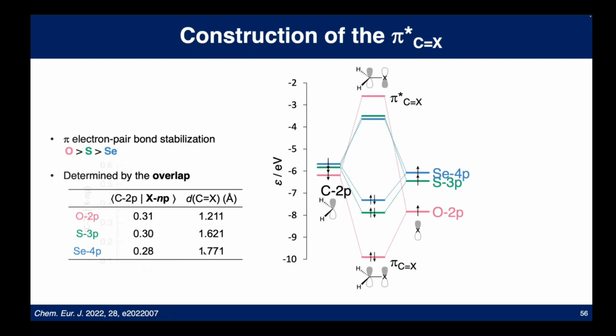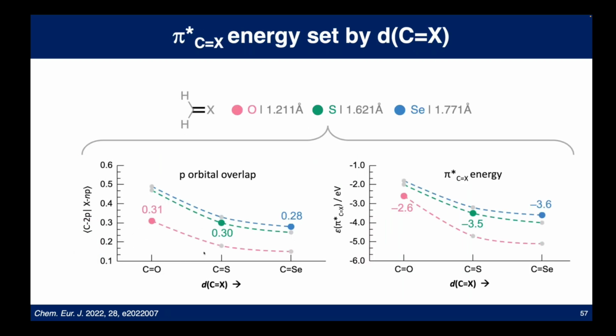So what we did is we computed all these terms at three distances: at the distance of oxygen, at the distance of sulfur, and at the distance of selenium. So here you have the graph for the overlap. This is the overlap at the oxygen distance. This is sulfur, and this is selenium.